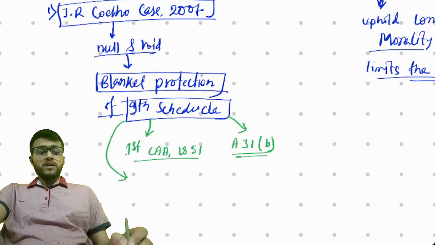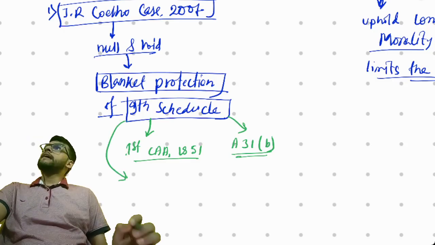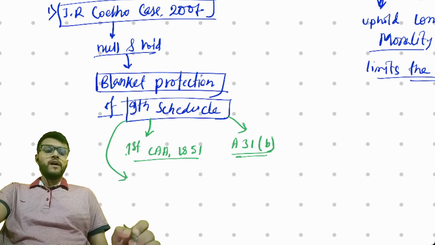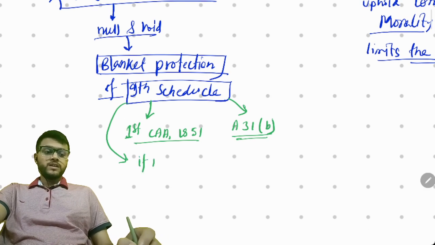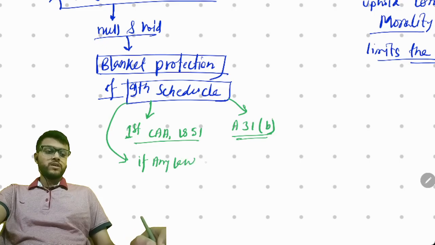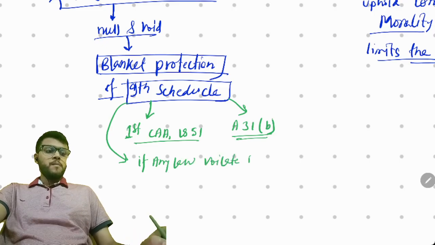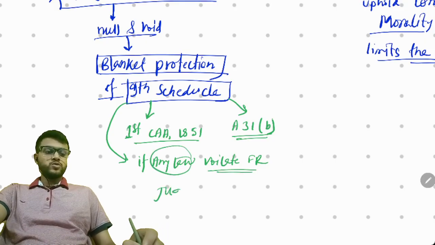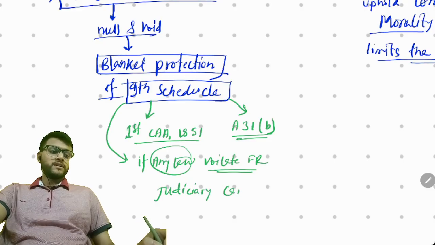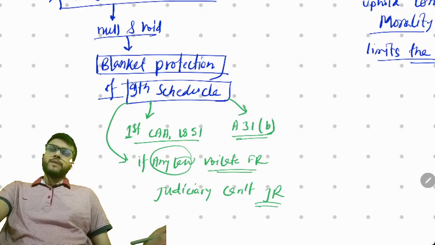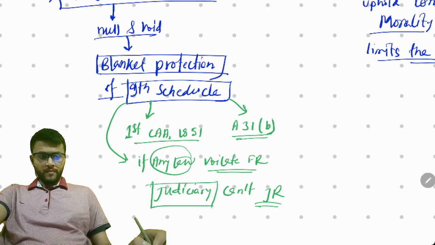And in the ninth schedule, what does it actually say here? It says if any law violates fundamental right, the judiciary cannot apply judicial review to it.